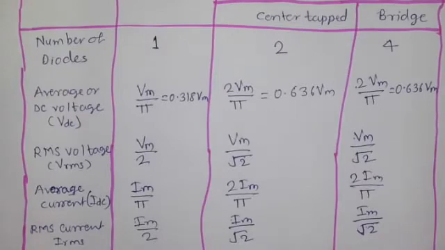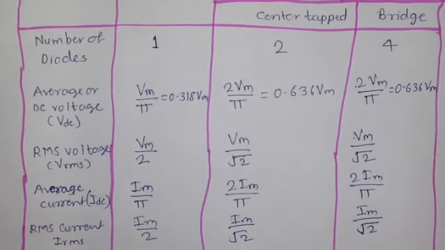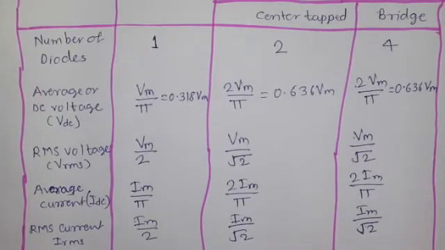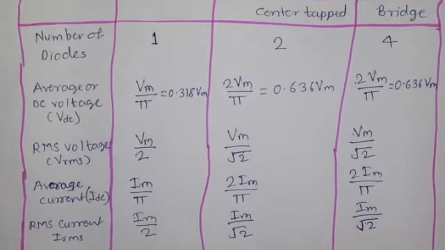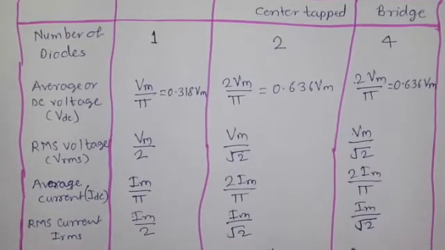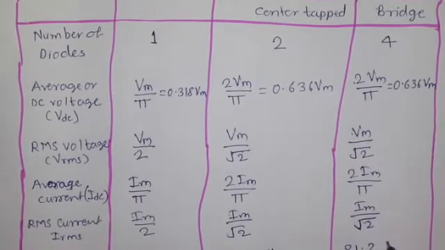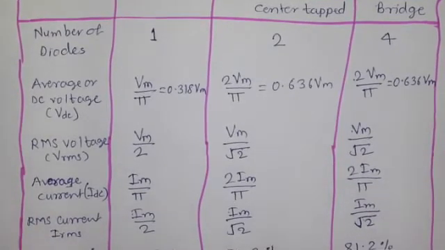The efficiency for the half wave rectifier is approximately 0.406, or in terms of percentage, 40.6%. The efficiency for the full wave rectifier, either center tap or bridge, is 0.812, that is 81.2%.